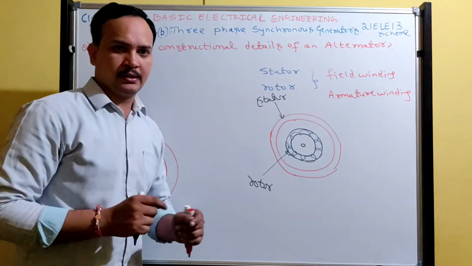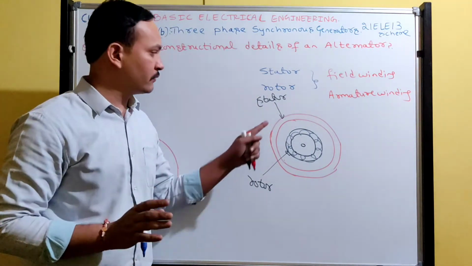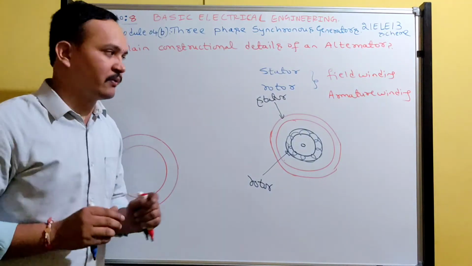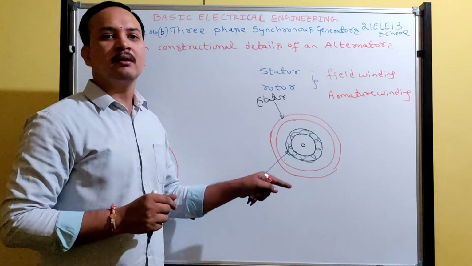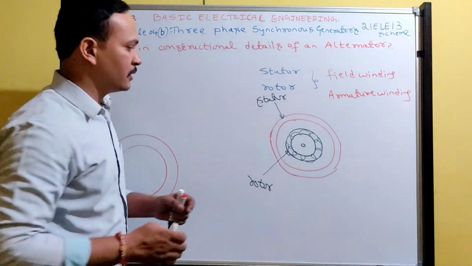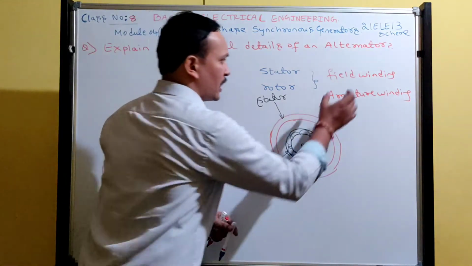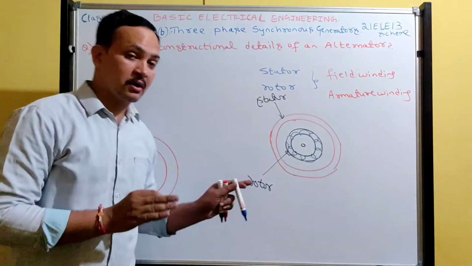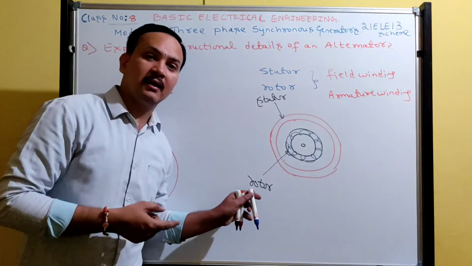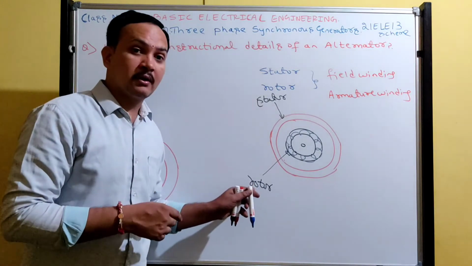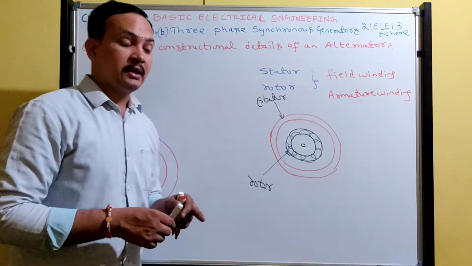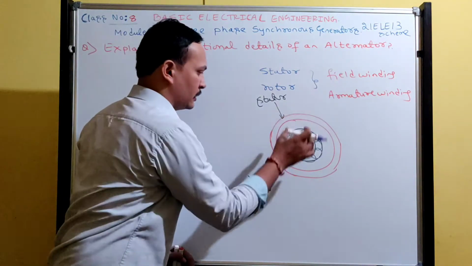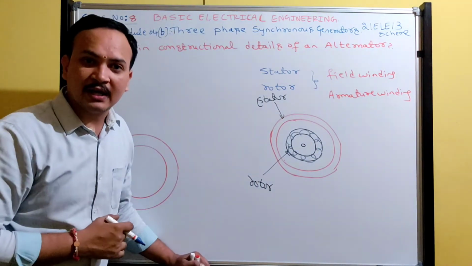The rotor will rotate and the stator will not rotate; it will be in a stationary position. Since the rotor is rotating and it is carrying the field winding, we call it a rotating field.